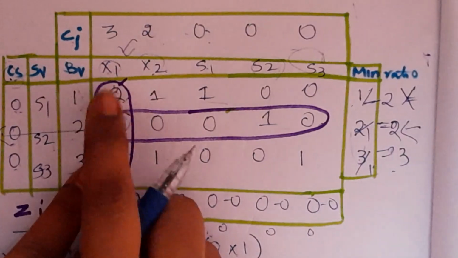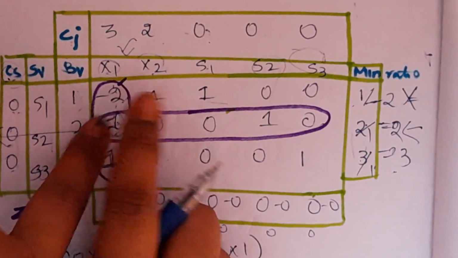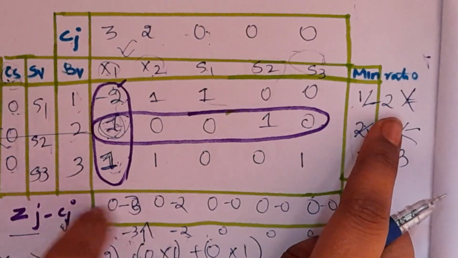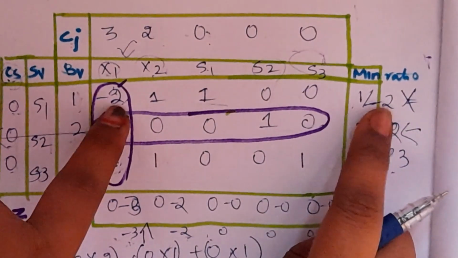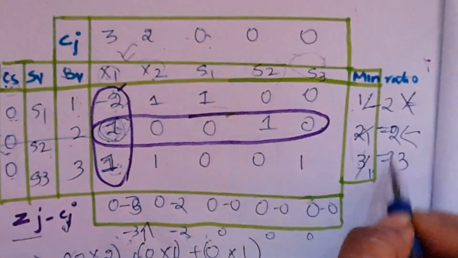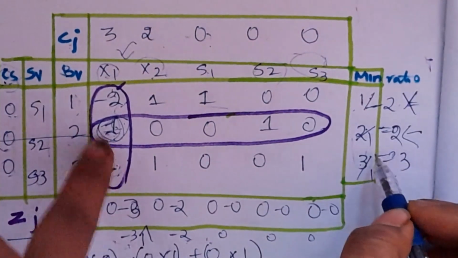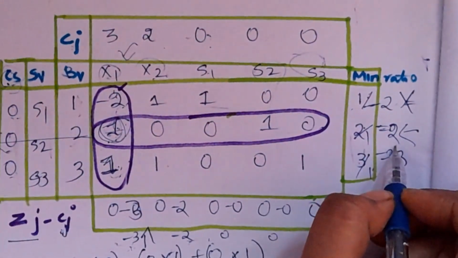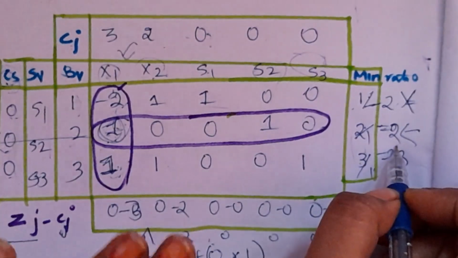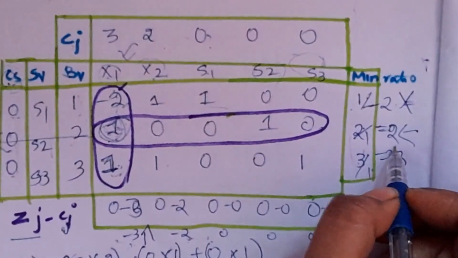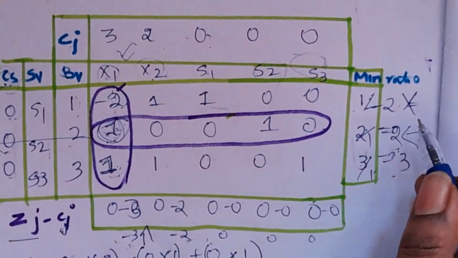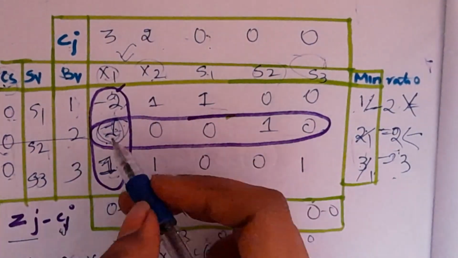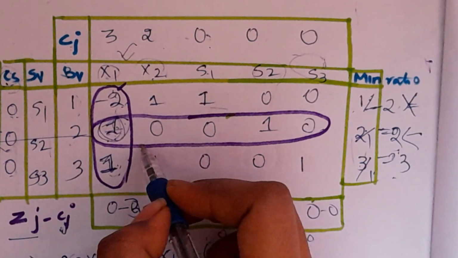After getting the key column, we have to divide the elements by it to get the minimum ratio. After dividing, we will get some values. Here we don't have to consider negative and infinity values. We only have to consider the minimum positive value. Whichever row has the minimum value, we consider that row as the key row.